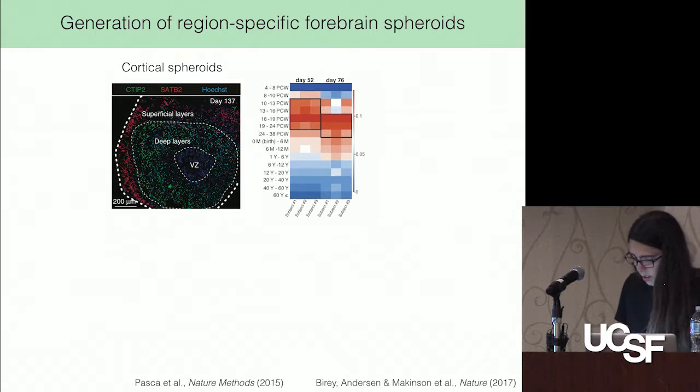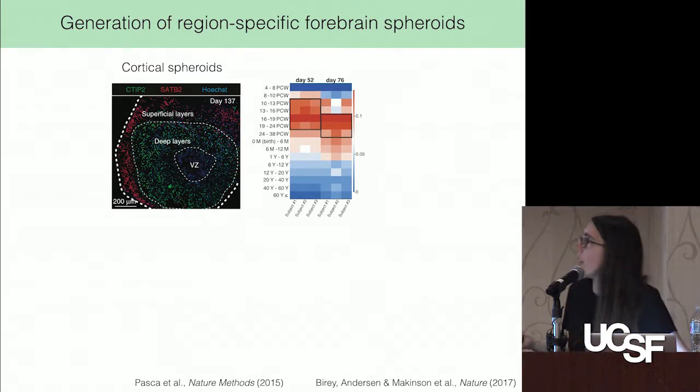We can also transcriptionally compare our spheroids at different time points with the developing human brain. It's not very clear, but at days 50 and 75, our spheres are correlating transcriptionally to the mid to late developing brain.